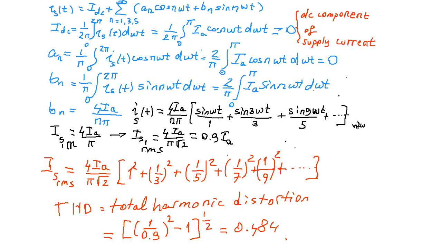Okay. DC component of AC current of supply current is 0. Not the DC output. Let's put an S here too. This is the supply's DC. Blue color.